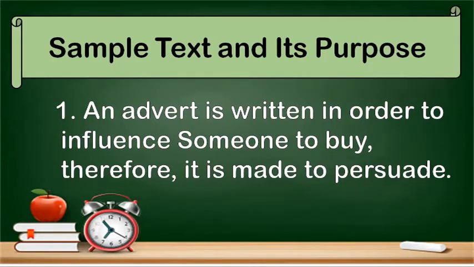Also you have free vouchers, free shipping. That is made in order for us as buyers to buy more, and that is persuasion. You are persuading someone to buy more.